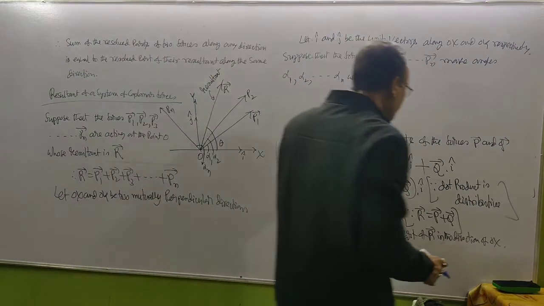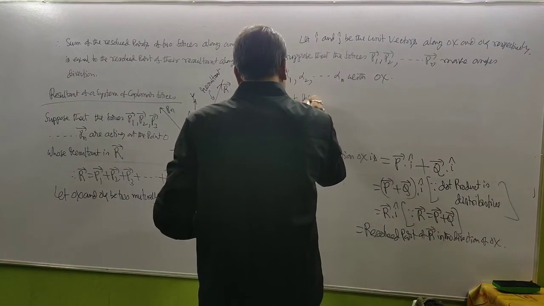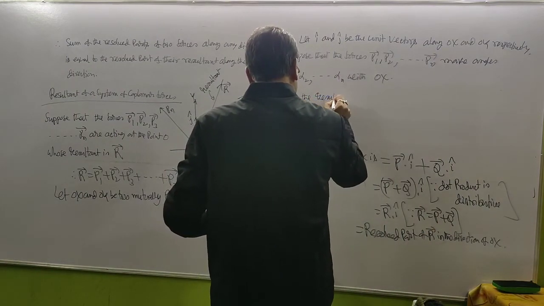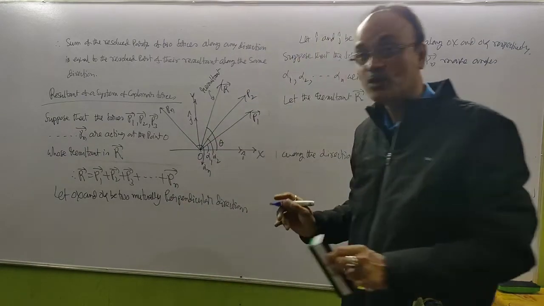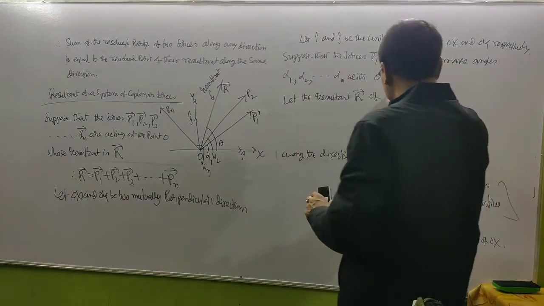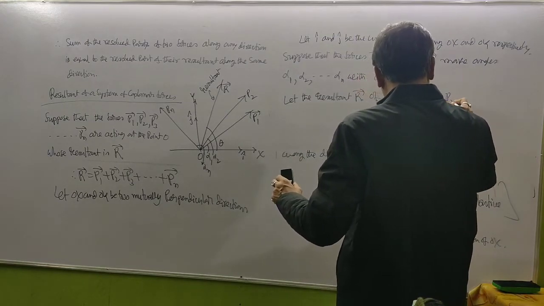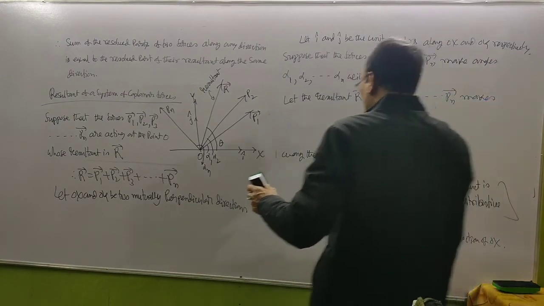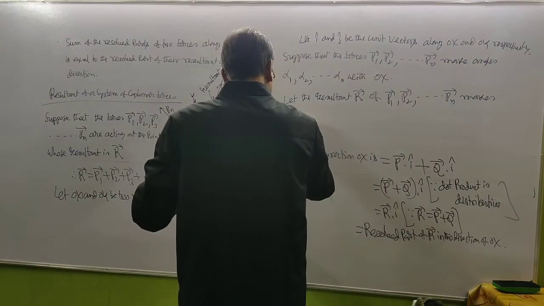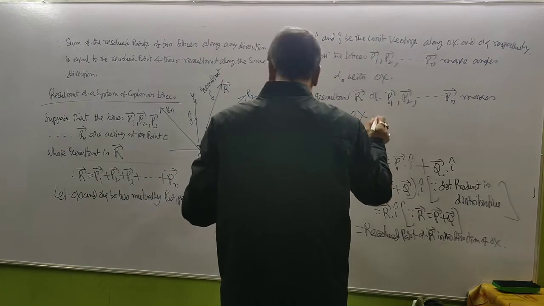Let the resultant of P1, P2 up to Pn make angle theta with the direction of OX.